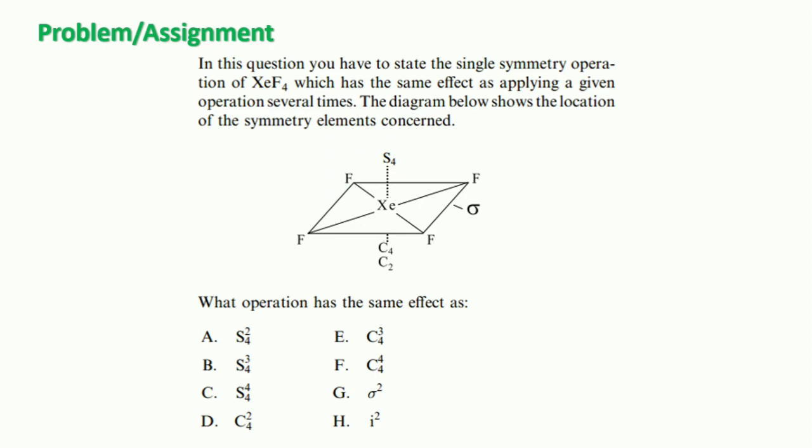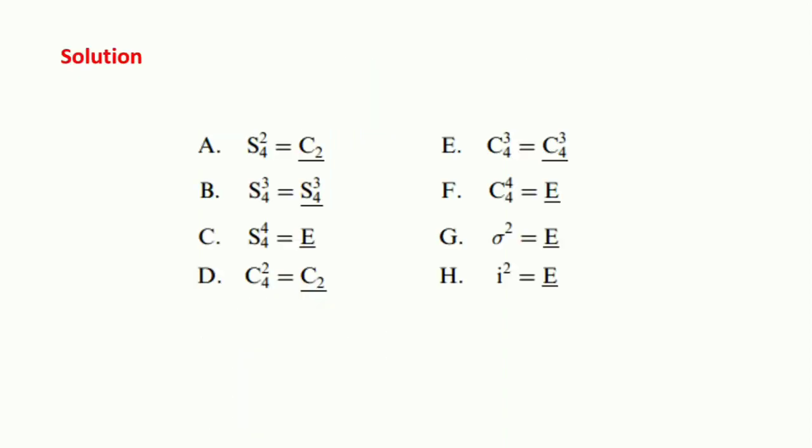If you solve this problem, that's quite good. If you are unable to solve this problem, this is not good for you and you need to learn from the beginning of the lectures. So here is the solution of this problem. S4 twice is equal to C2.